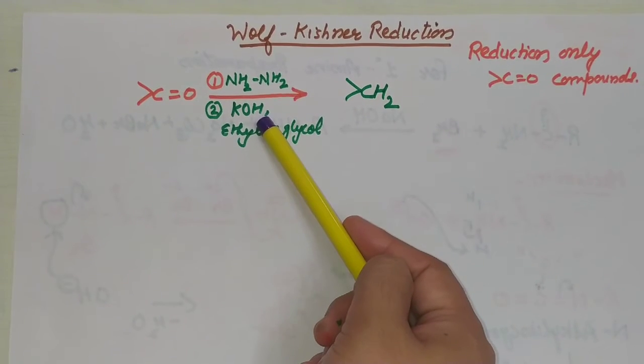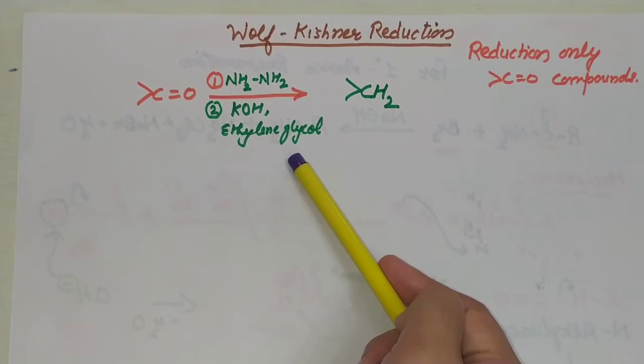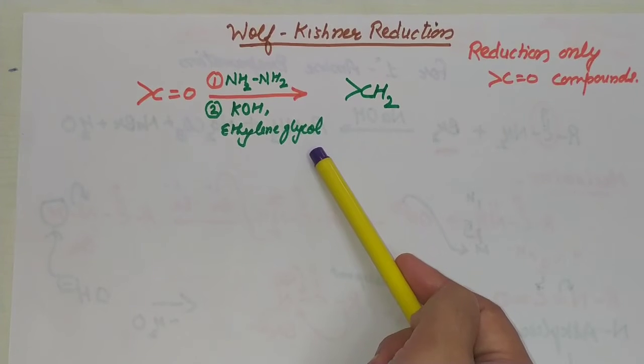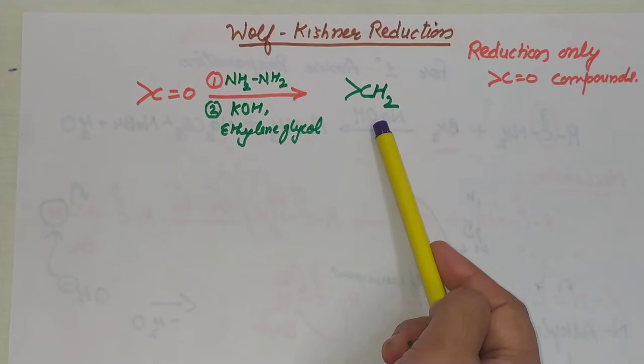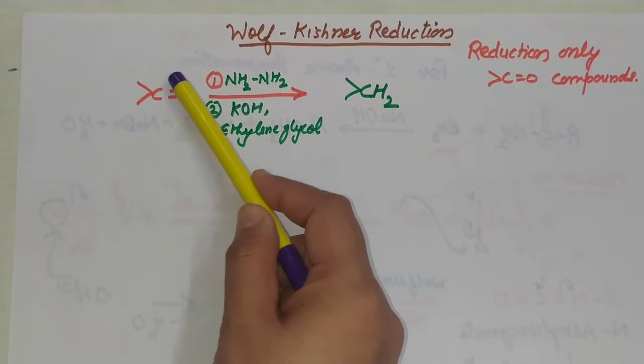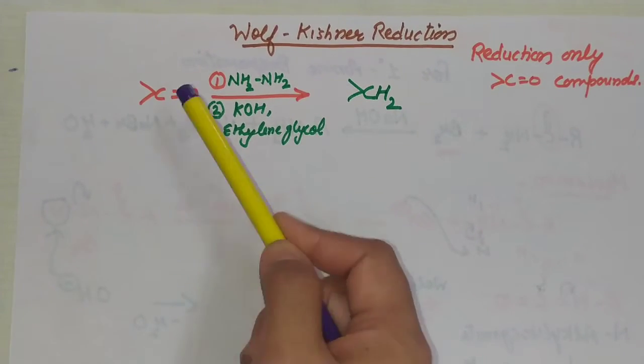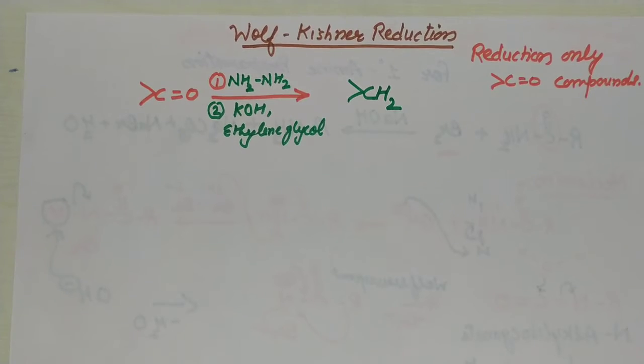In the presence of potassium hydroxide, with ethylene glycol taken as a solvent, it is converted into an alkane, which is a hydrocarbon. This oxygen is replaced with hydrogen, and it is known as Wolff-Kishner reduction.